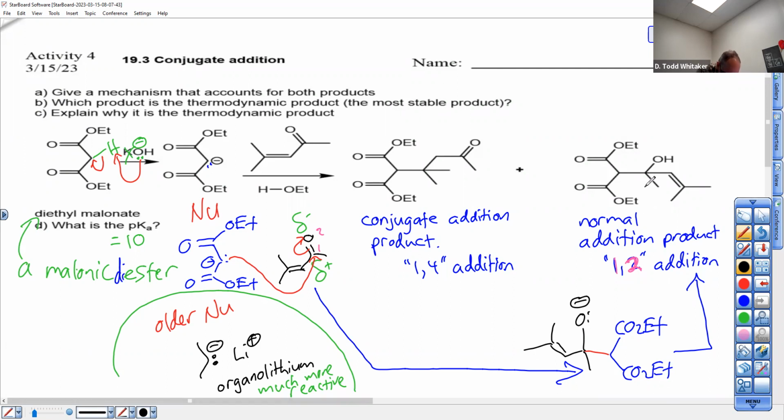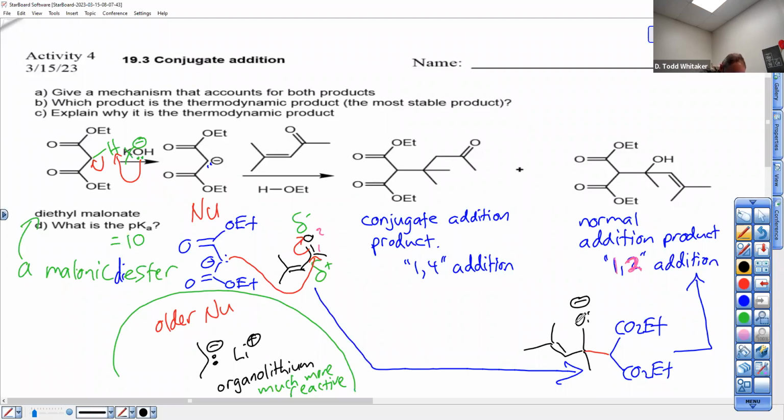What do you have to do to this to make it into that? Black is here, blue is here. Blue doesn't change at all. What's got to happen with the black? The O minus needs an H. Where's it going to get the H from? There's no HCl this time. Ethanol. That's correct.